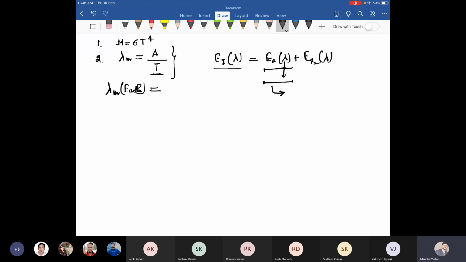I hope you remember the constant A. The constant A is 2898 micrometer Kelvin. Micrometer Kelvin means the temperature is measured in Kelvin and lambda m will come in micrometer. So in the case of Earth it is 300. Tell me what will be the value of lambda m?